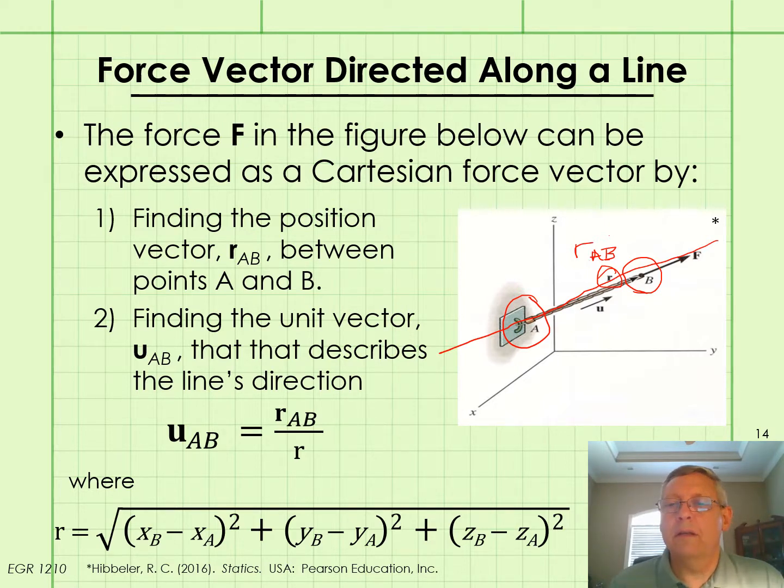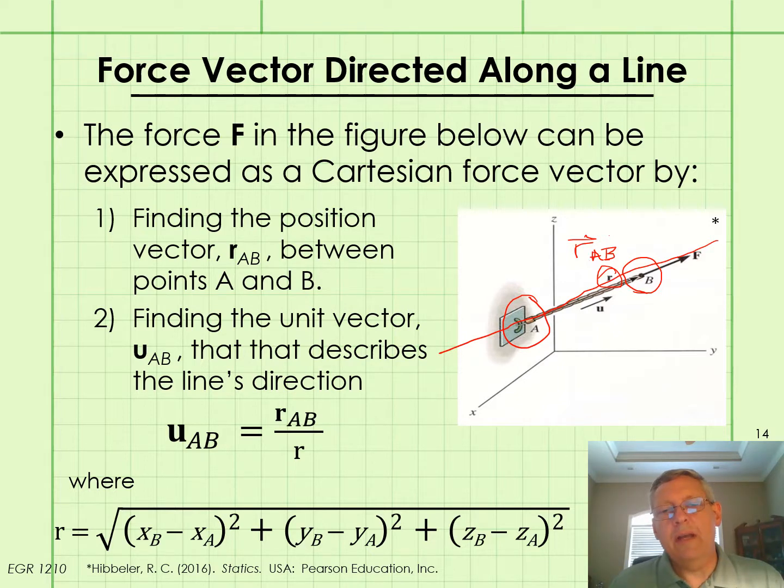And in future problems, you may have multiple forces, each with their own position vectors, and it's going to get confusing if you don't have a specific name for each individual position vector. Okay, and this is a vector, so I should put a little arrow over that.